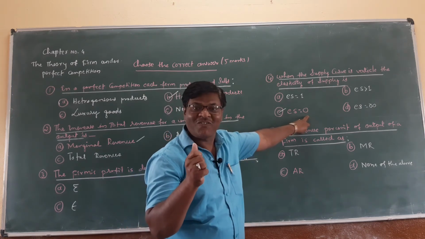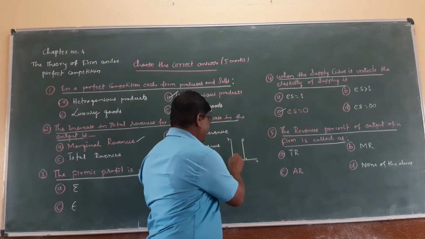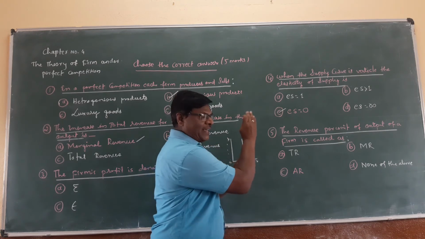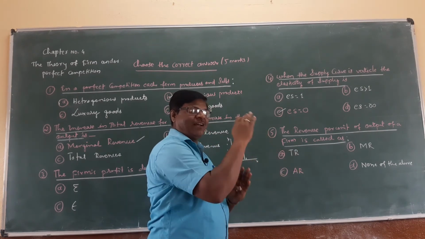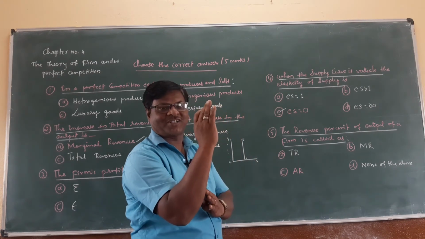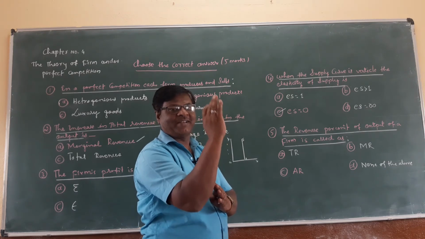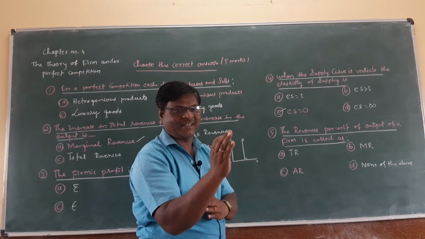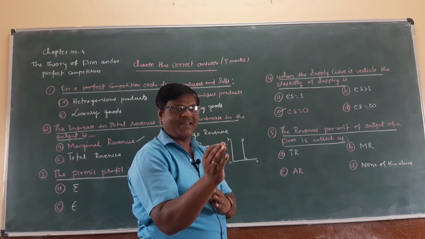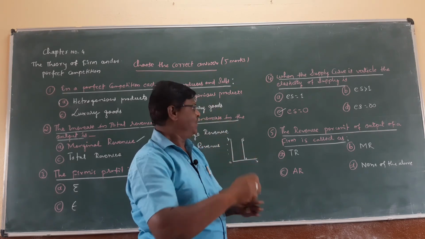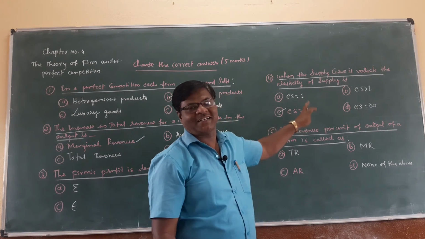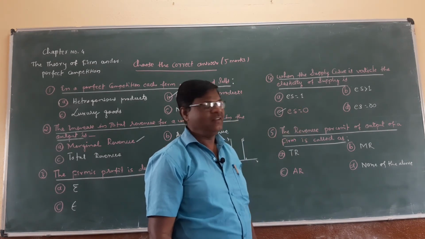Why 0? If price can increase or decrease, but supply cannot increase or decrease, it is constant. It means it is inelastic. Inelastic means it is 0. The elasticity of supply equal to 0 is the correct answer.